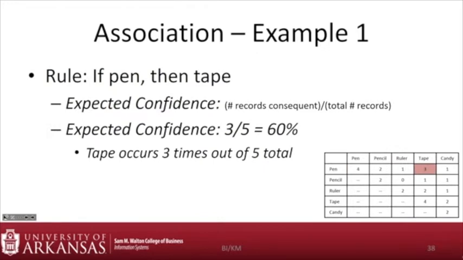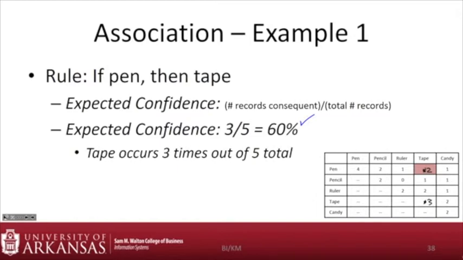So now, expected confidence. The number of records in the consequence. We've got 2s and 3s, right? So the number of records in the consequence is 3. So this part's actually right now. Okay, so now 3 out of 5, because we're just looking at the consequence. The only thing in the consequence is the tape.